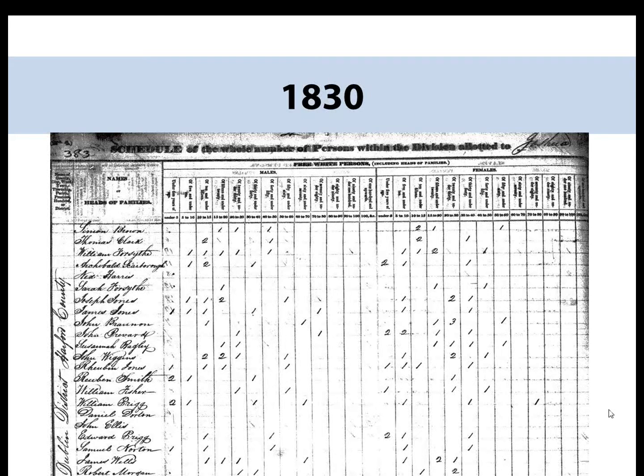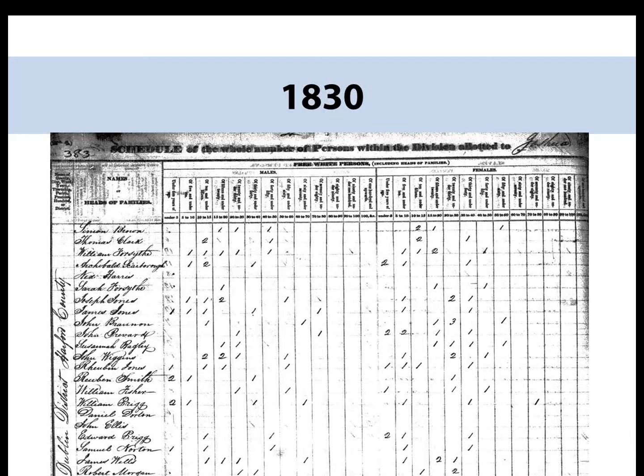Additionally, the columns for slave and free persons of color also changed to under 10, 10 to 23, 24 to 35, 36 to 54, 55 to 99, and 100 plus.